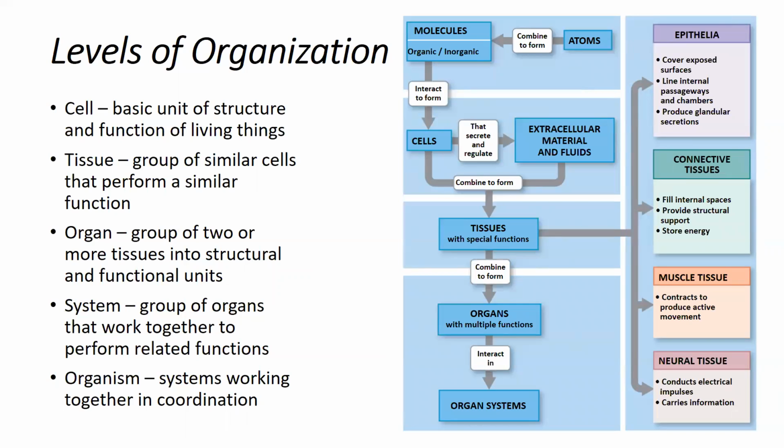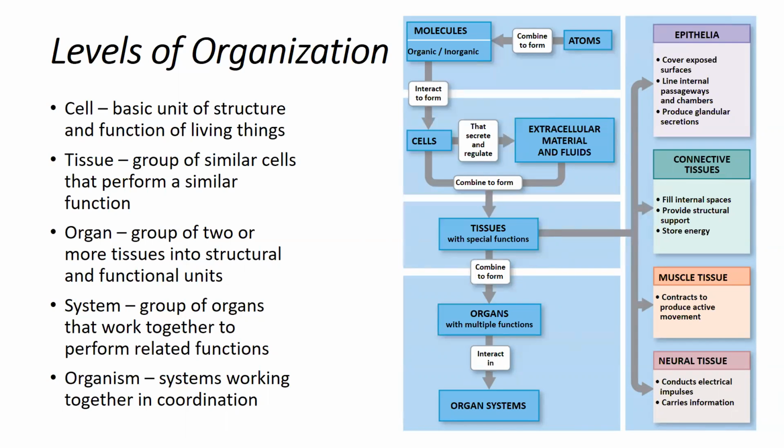Now cells will come together according to a like function to form a tissue, right? Look at the heart. The heart has cardiac muscle cells coming together to form the organ that pumps blood around. The liver has like liver cells that come together and so on and so forth. The skin, right? When we talk about organs, these tissues come together, right?